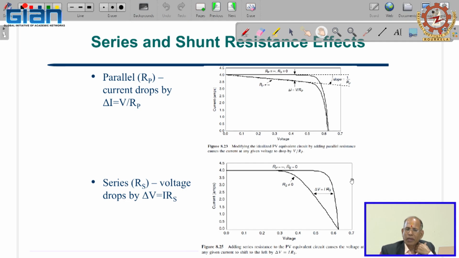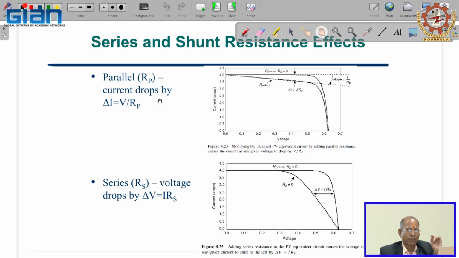Compared to the original IV characteristics, with this more accurate model there will be a little deviation in the curve. Because of the parallel resistance, the current drops by delta I, equal to V by RP, and there is a drop because of the series resistance, delta V, equal to I into RS.